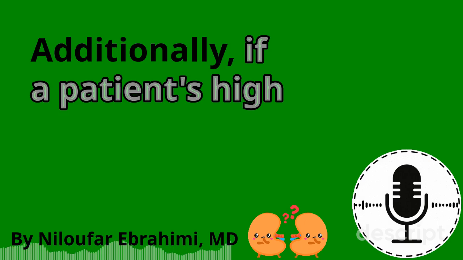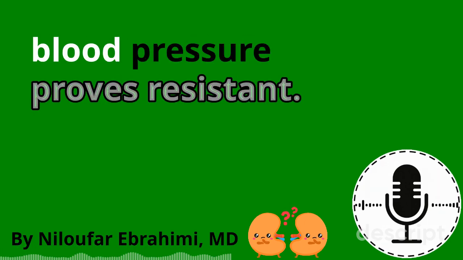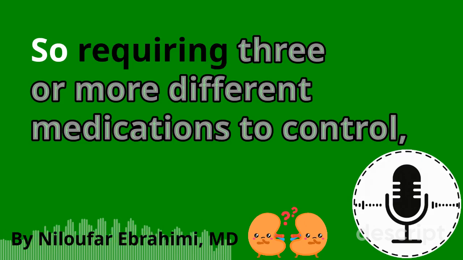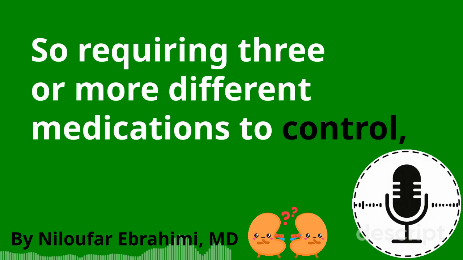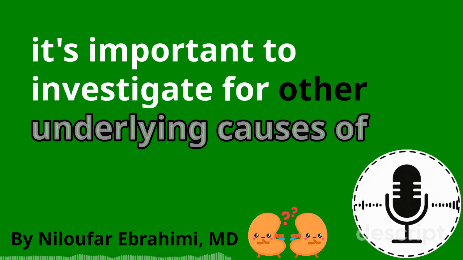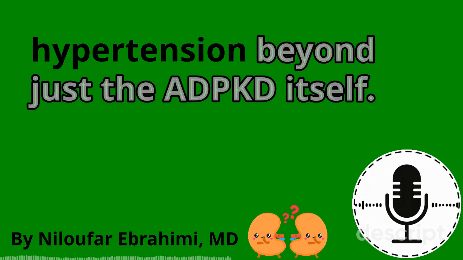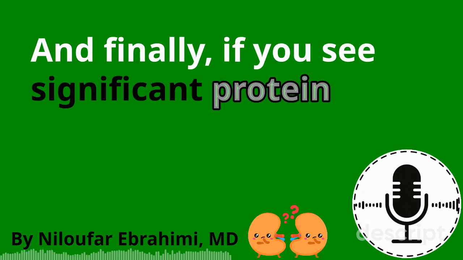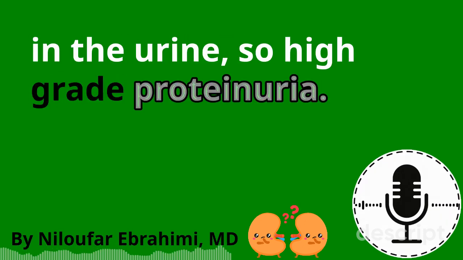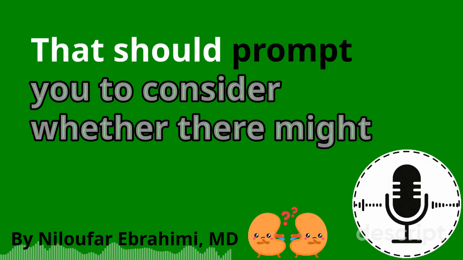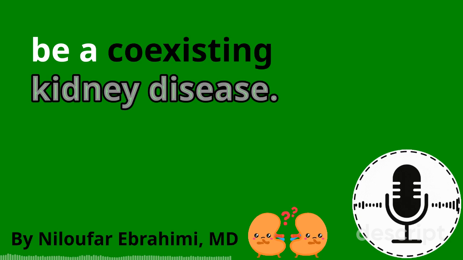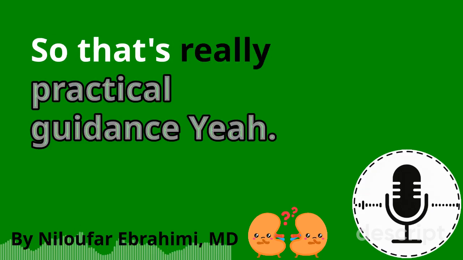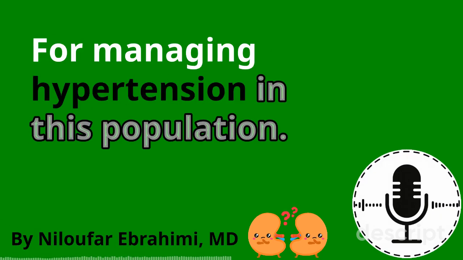Additionally, if a patient's high blood pressure proves resistant, requiring 3 or more different medications to control, it's important to investigate for other underlying causes of hypertension beyond just the ADPKD itself. And finally, if you see significant protein in the urine, so high-grade proteinuria, that should prompt you to consider whether there might be a coexisting kidney disease. So that's really practical guidance for managing hypertension in this population.